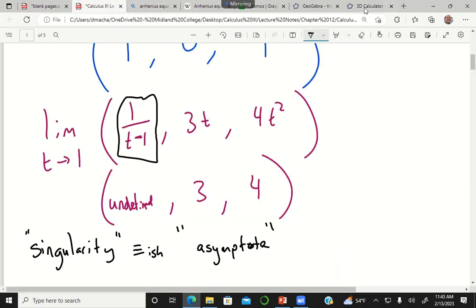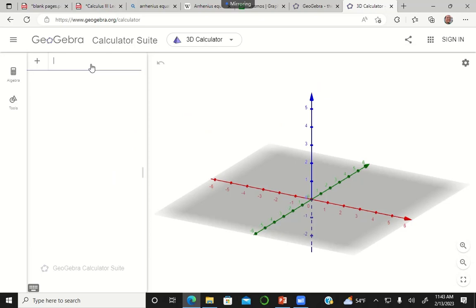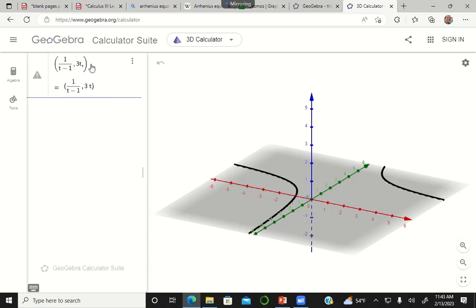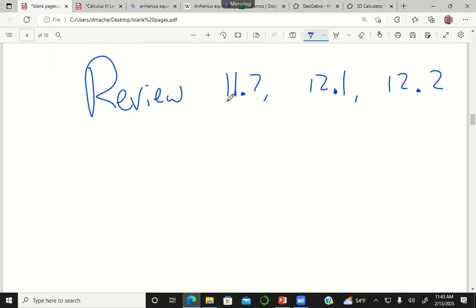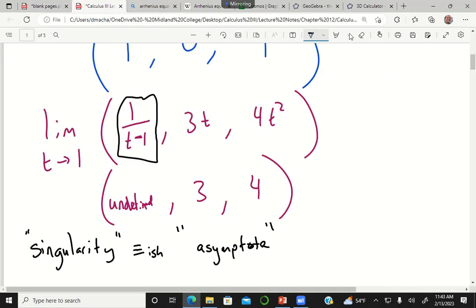Here we go. So 1 over t minus 1, 3t, 4t squared.